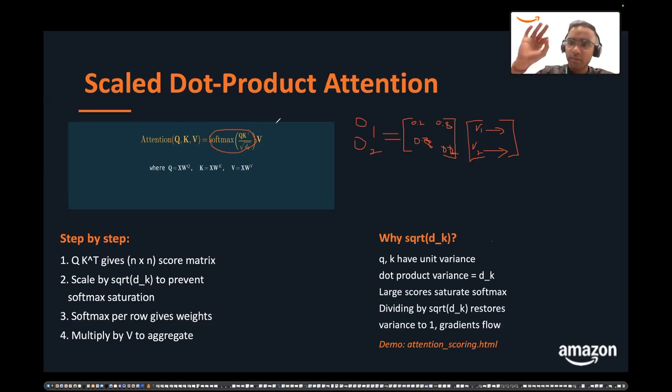But the foundation of modern LLMs is the attention mechanism used in the Attention Is All You Need paper, and that can be parallelized using matrix multiplication as you saw. We have a very interesting thing to discuss, which is why we divide by root d_k. Let's discuss that too.